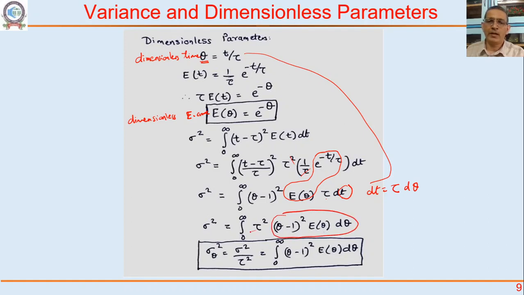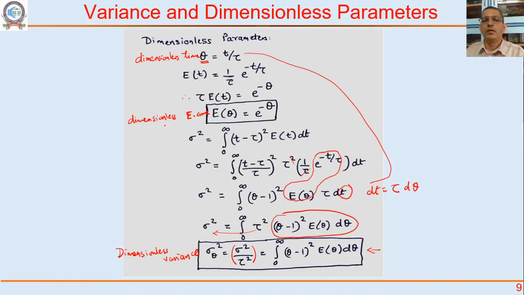And how will we get that? Bring the tau to the other side. So sigma theta square, this is our dimensionless variance, would be sigma square by tau square, which would be integral 0 to infinity (theta minus 1) the whole square E(theta) d theta.